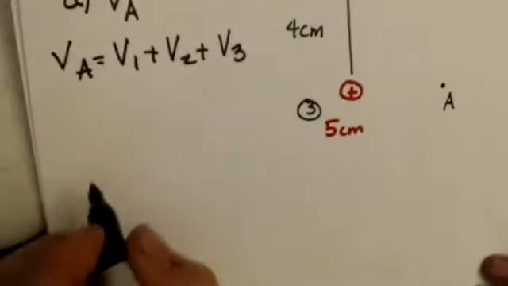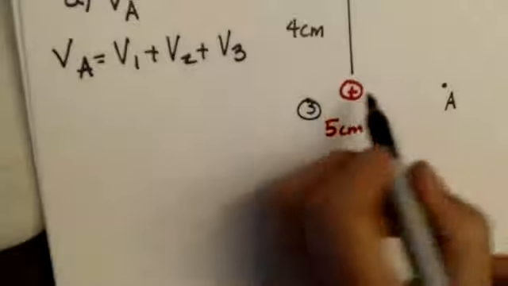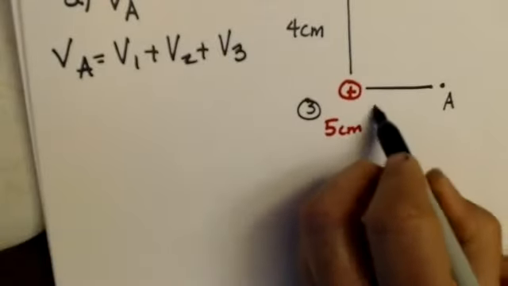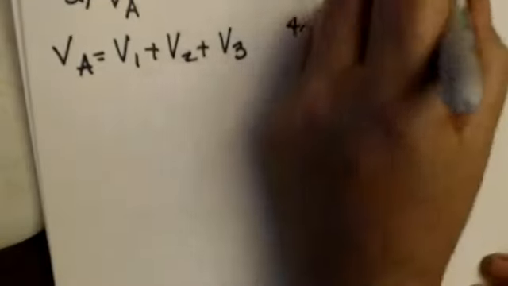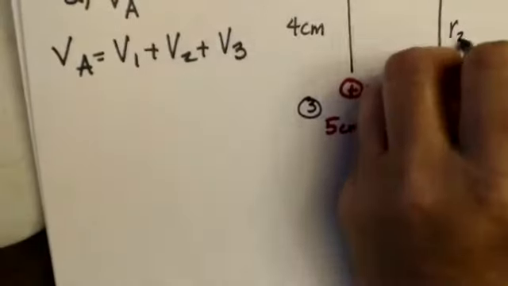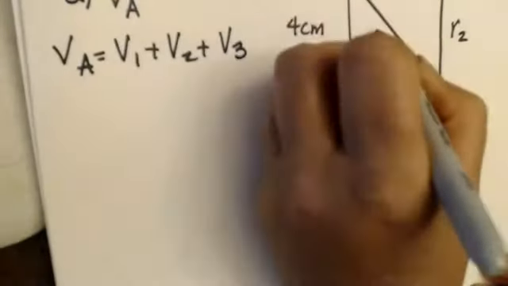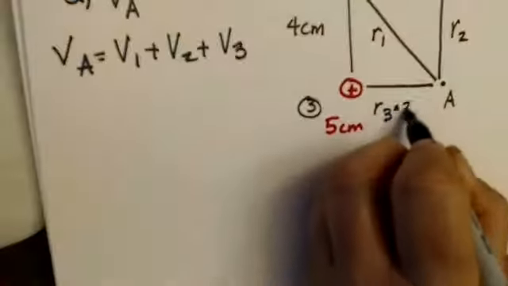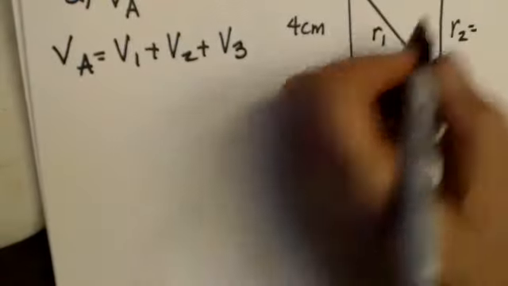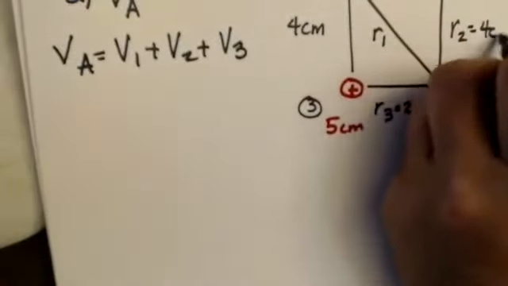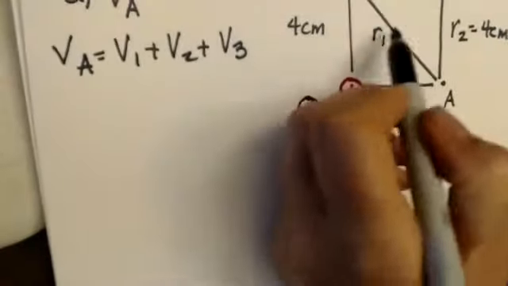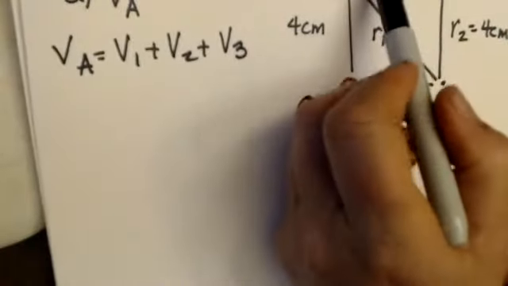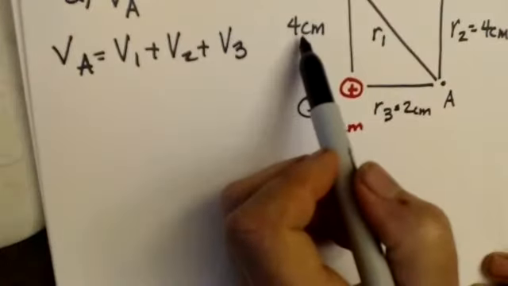Okay. So I need to find my R's again. So there's R3, there's R2, and there's R1. So R3 is 2, R2 is 4, but R1 is going to be whatever 2 squared plus 4 squared is.